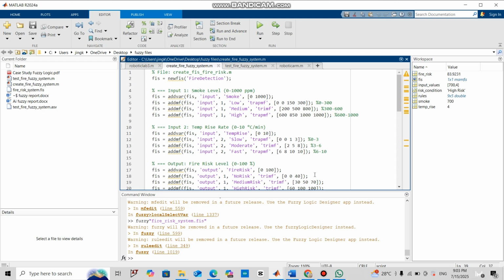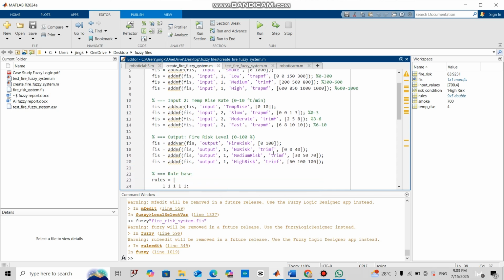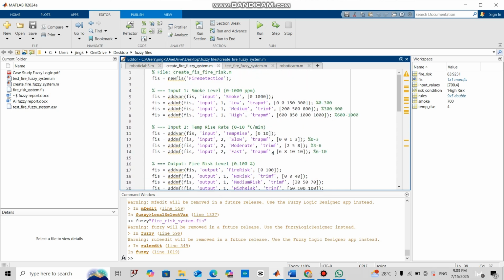To solve this problem, we propose the development of a fuzzy inference system that can intelligently assess fire risk based on the integration of two key environmental variables. As you can see in the coding, input 1 is smoke, to detect the smoke level, and input 2 is the temperature rise rate.